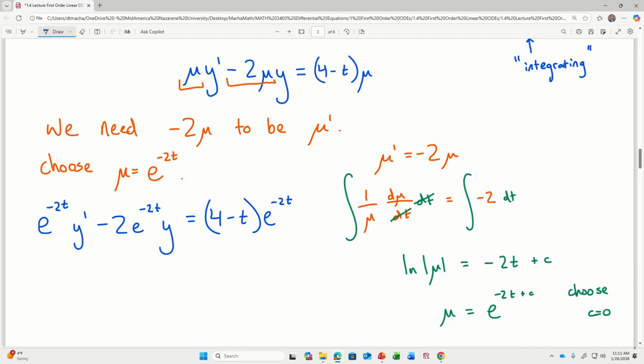And then we are going to reverse the derivative product rule finally. We can reverse the derivative product rule by writing the derivative with respect to t of e to the negative 2t times y. The right side stays the same.